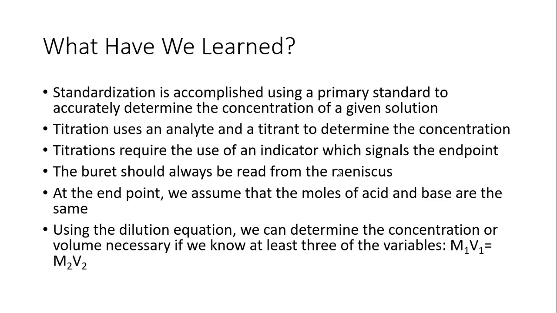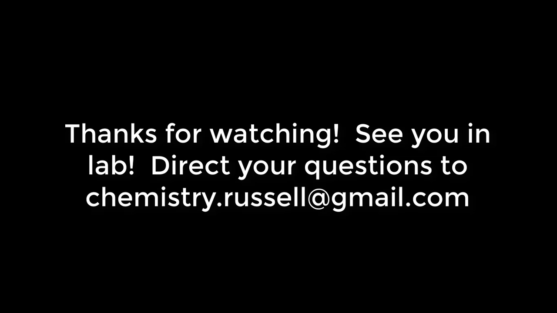You cannot see the endpoint without an indicator. And we also learned that the burette should be read from the meniscus. And at the endpoint, we assume that the moles of acid and base are the same. And then we also learned about the dilution equation, and we learned that we can determine the concentration or the volume necessary if we know at least 3 of the variables in the dilution equation.